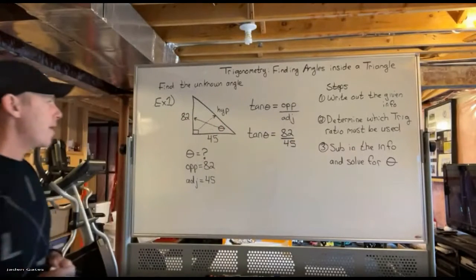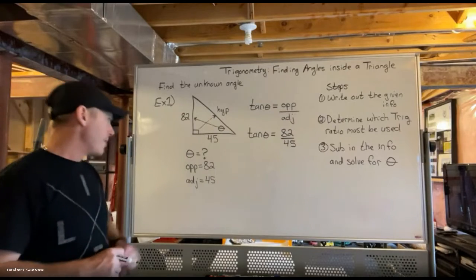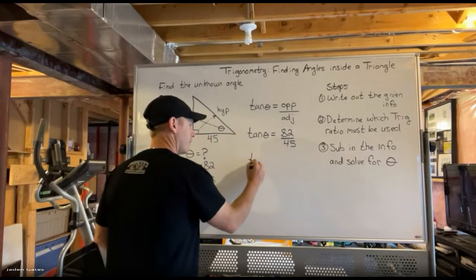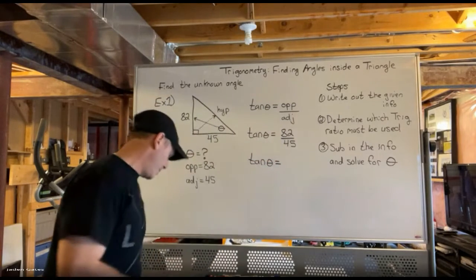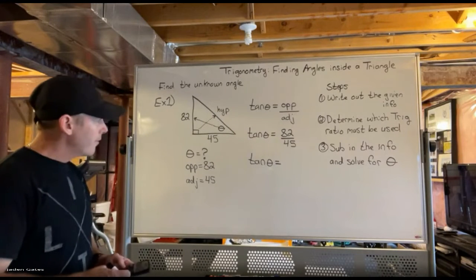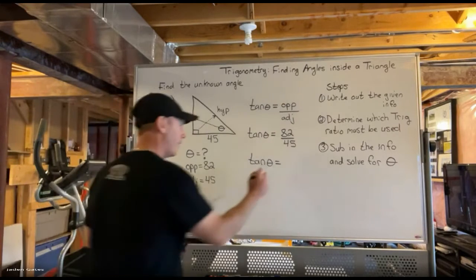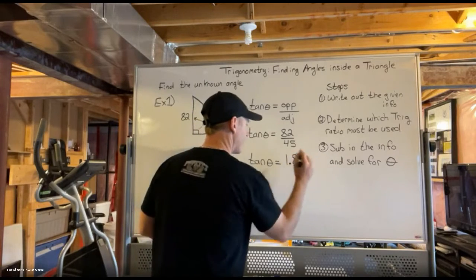All right, so now I want to find theta. The first thing I'm going to do is take my 82 and divide it by 45. On my calculator, 82 divided by 45, and I get 1.82.